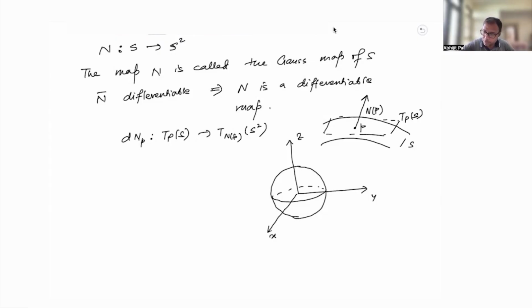And corresponding to this NP, I have this, so this above thing is N bar P, and corresponding to this N bar P, I have NP here in the unit sphere. So the endpoint of the vector NP lies on the unit sphere.